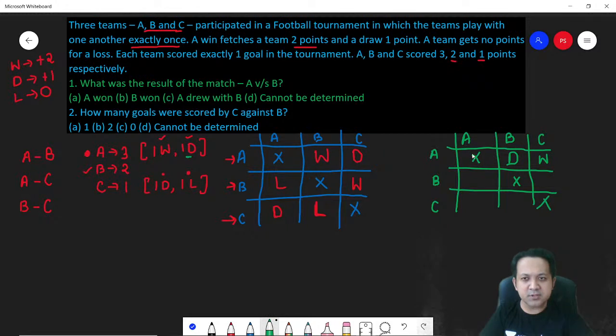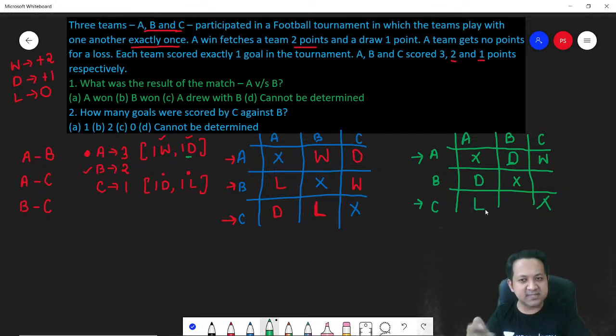Let's go back to the green color chart. AB is a draw, so in the BA cell I'll put a draw. AC, you read it row-wise: A wins, so when I fill the CA cell, C loses.